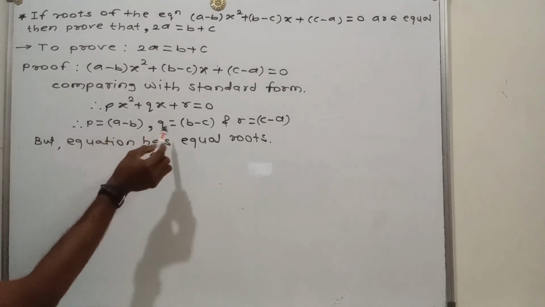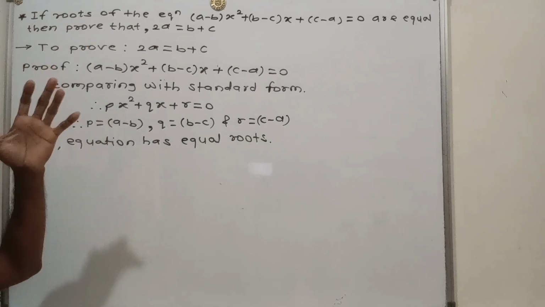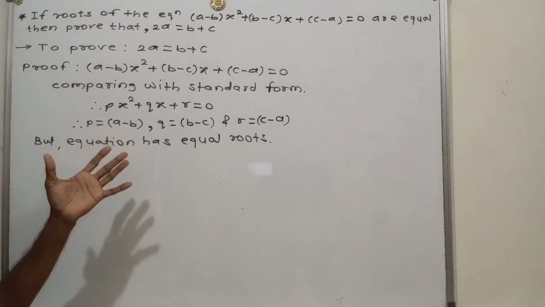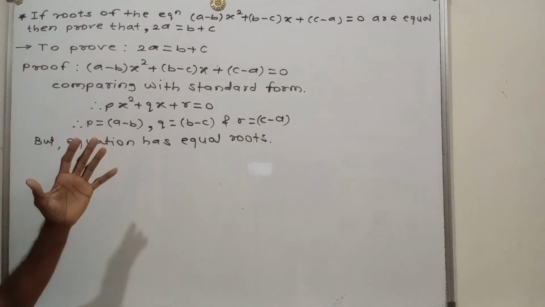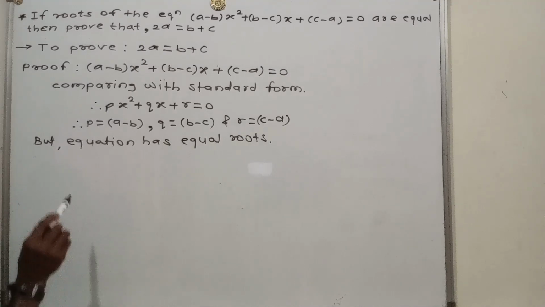But here we have p, q, r. When we compare with ax² + bx + c, the condition is b² − 4ac = 0. But here we have p, q, r, no?